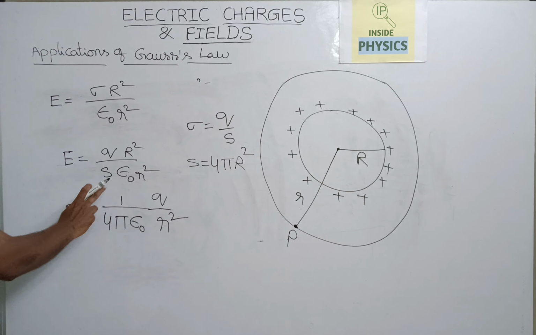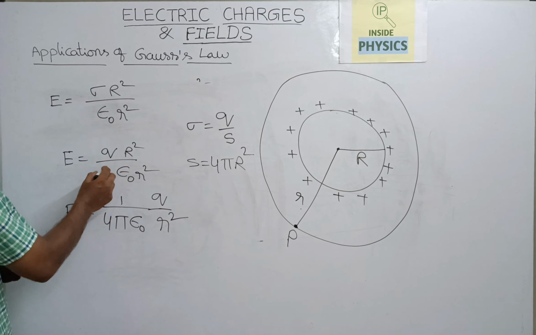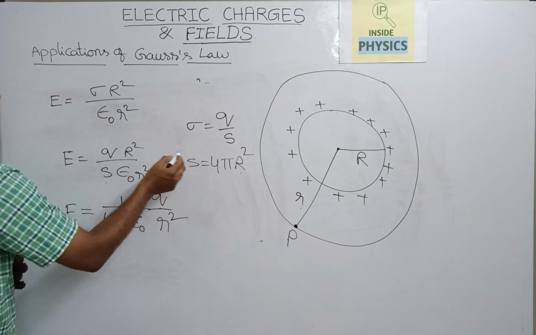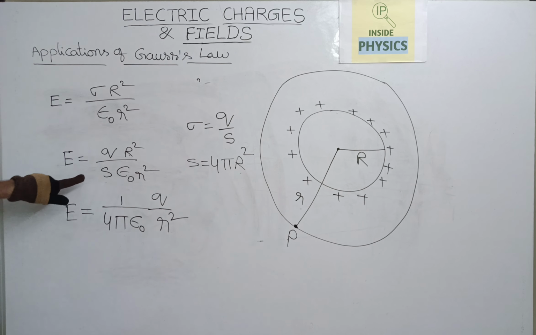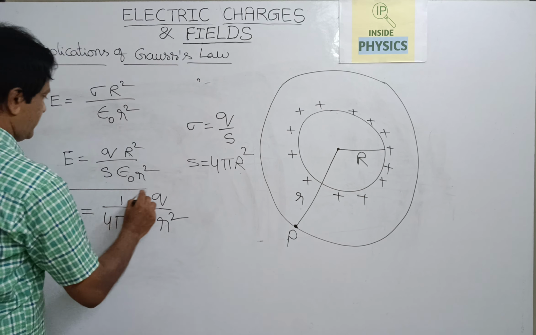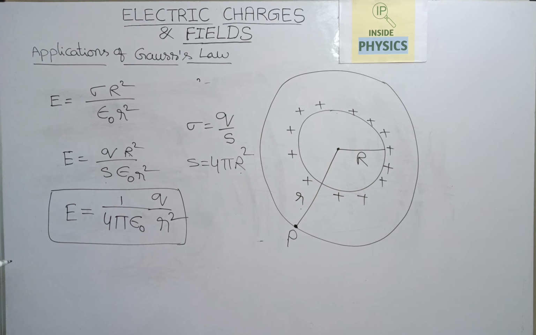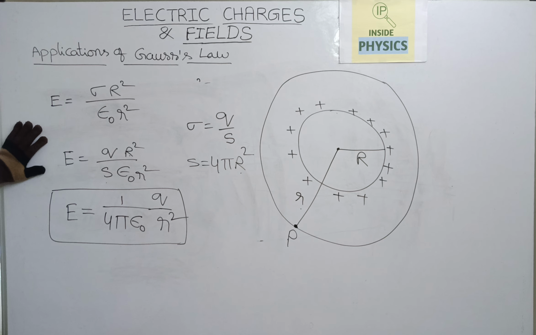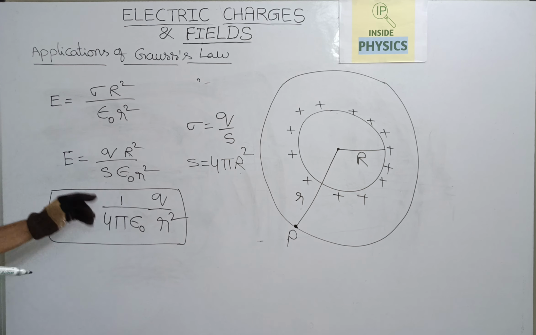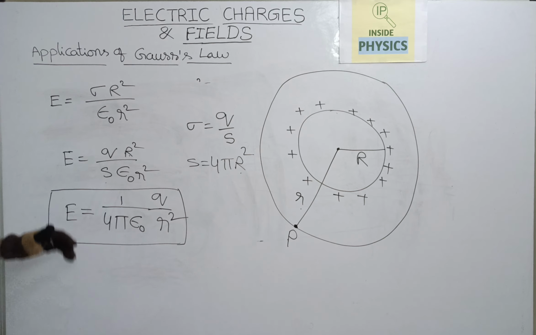See here, if you put 4 pi R square in place of S, the R square will be getting cancelled and it comes to be like this. If you observe this one, you remember one thing. This is nothing but the electric field due to a point charge at a point P which is at a distance r. Right or wrong?